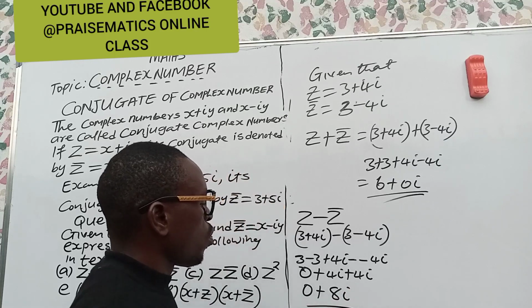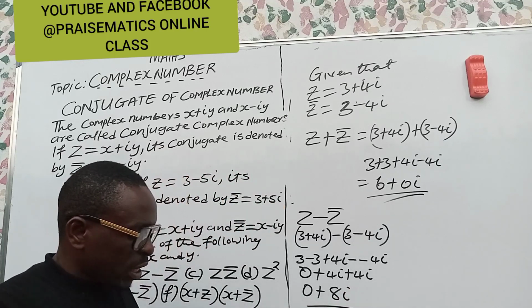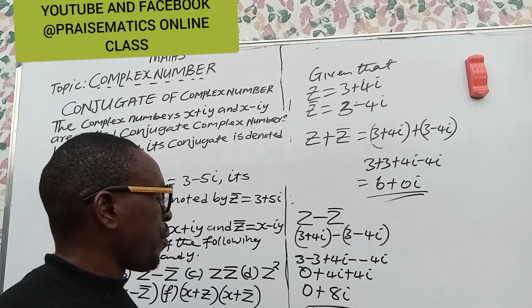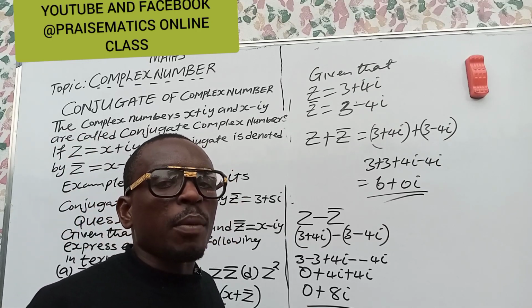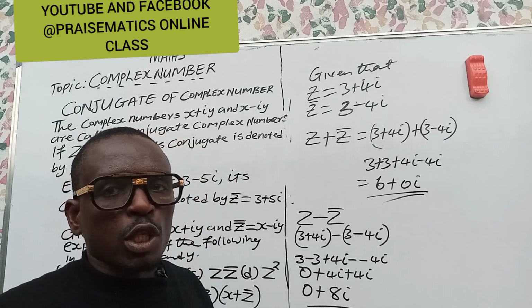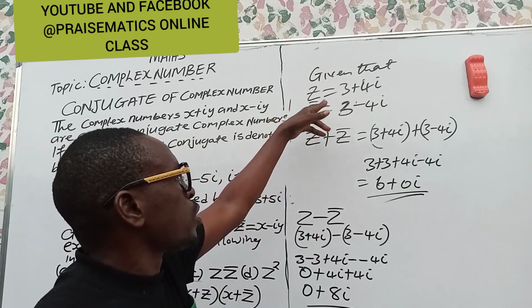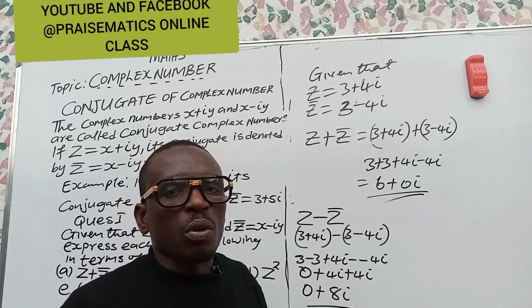So whenever you subtract a complex number from its conjugate, the real part does not exist; the imaginary part exists. Likewise, multiplication. Try the multiplication, multiply them and check your answer.